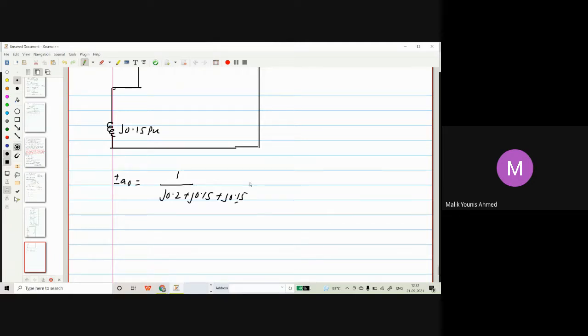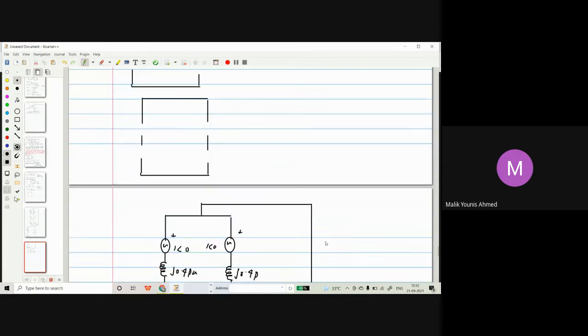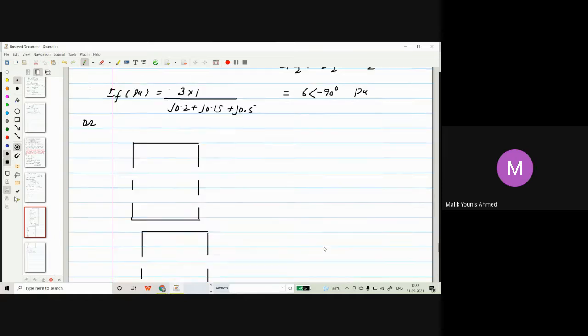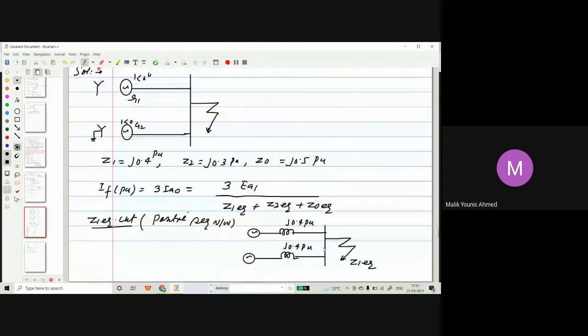So that will come out to be IA naught. So IF, you can find, is 3 IA naught, so you will get 6 at an angle of minus 90 per unit. If somebody knows it properly, you can draw the direct networks and connect them together as shown in the question, and he can solve it.